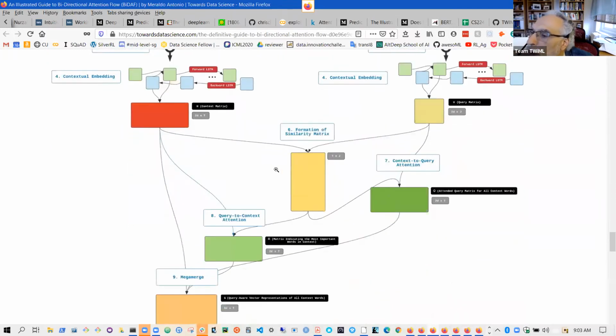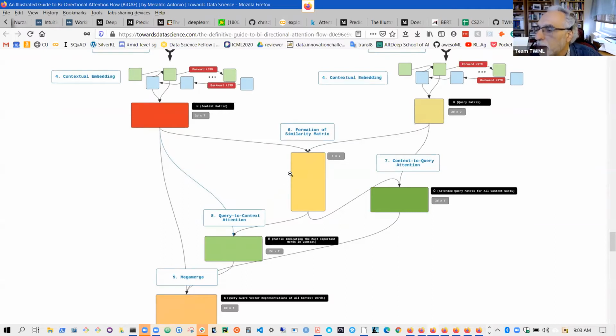And then here's where the similarity matrix gets formed. Remember that we're finding weights that connect question words to context words and back and forth. So the Sij gives you some measure of the similarity of the context word to the question word for each pair of context and question words. That's the Sij that's here.